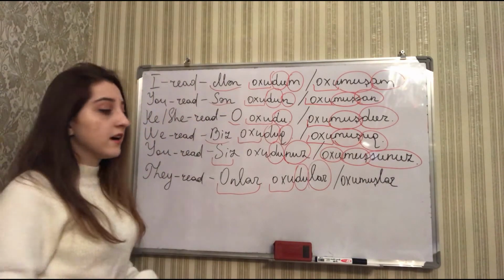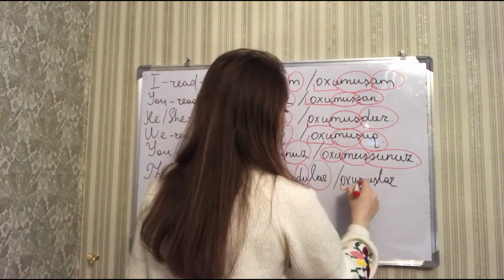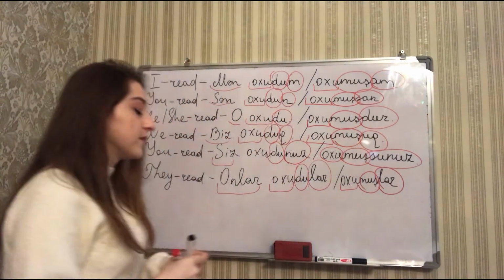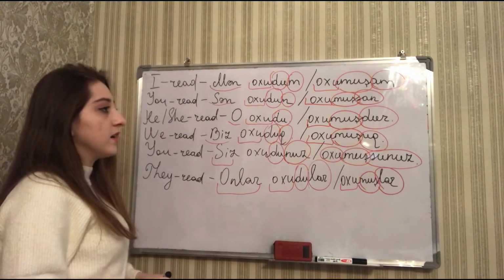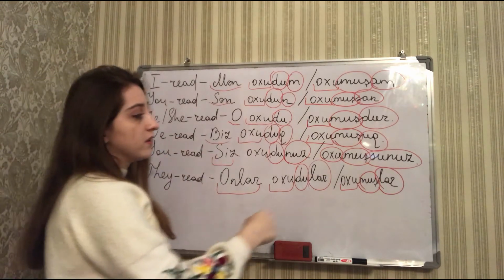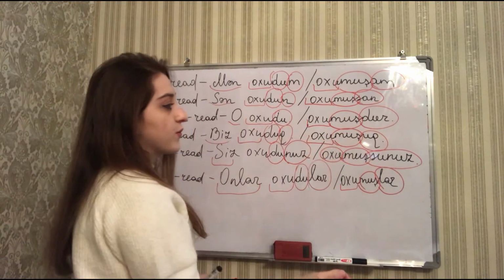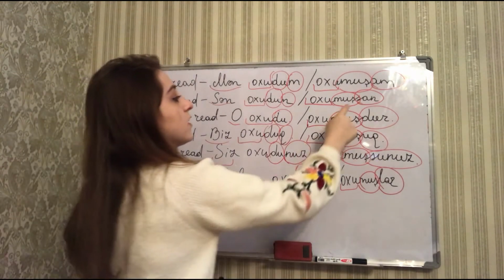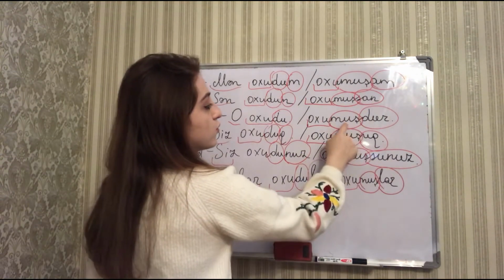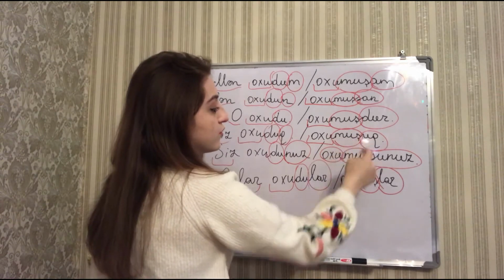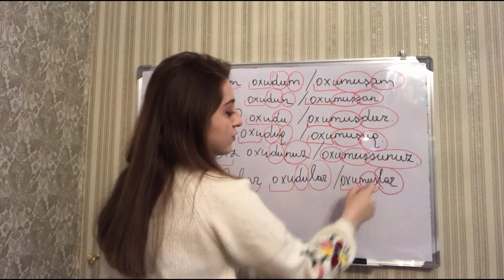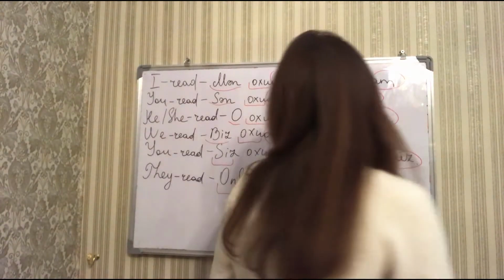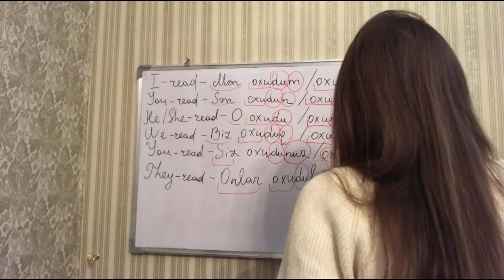Onlar okudular, onlar okumuşlar. Okay, now it is hard vowel u. That's why all our suffixes must be with hard vowel. U, for example, uk, muş, sunuz, muşlar.